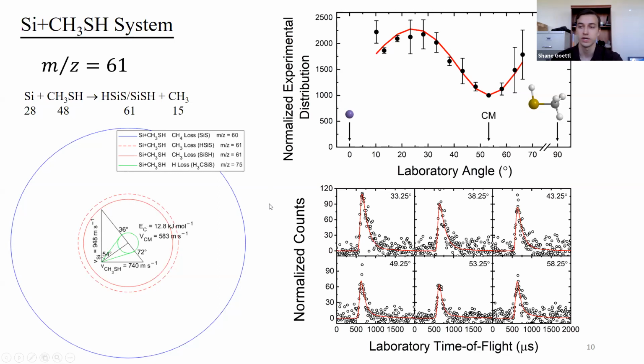With this, we can predict our laboratory angular distribution of desired products by superimposing the Newton circle for each product channel. So in this case, we can confirm that we have to get signal from a channel other than H loss, since the Newton circle is a very small angular range, but we see signal at much lower angles than is shown.